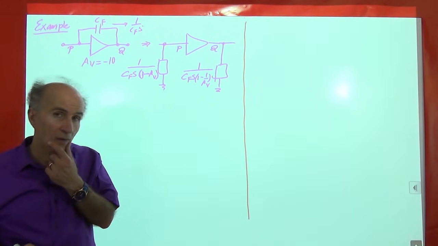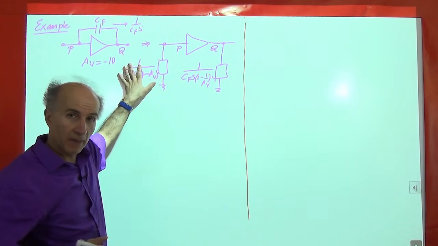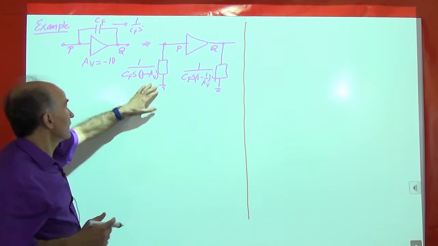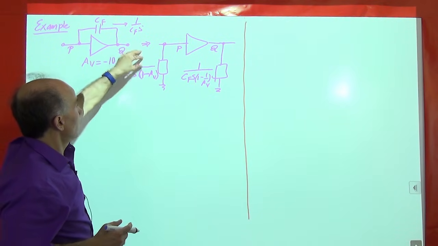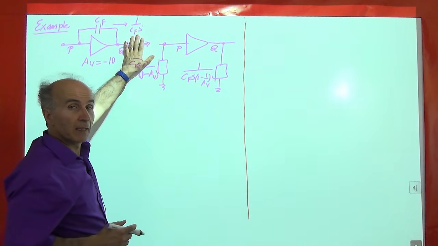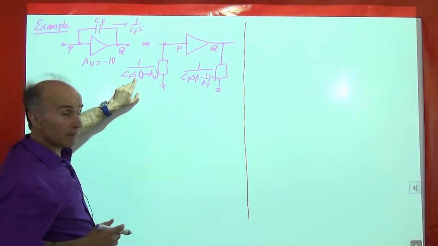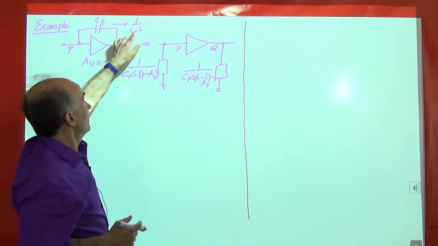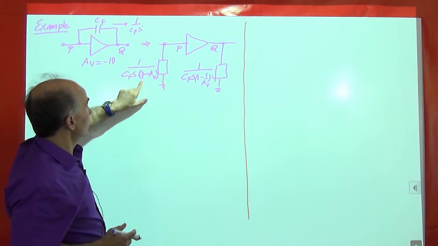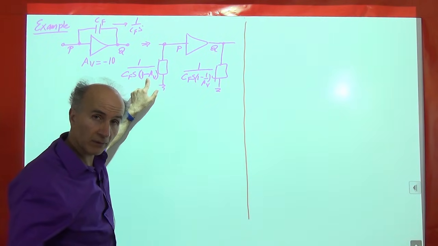Okay, so now what we are curious about is what is this exactly after we did all of this? Is it still a capacitor or is it something else? Well, let's examine this very carefully. We have 1 over something, just like the original capacitor was 1 over something. In the denominator, we have an S, and the value multiplied by S. So we can call that the equivalent capacitor, right?